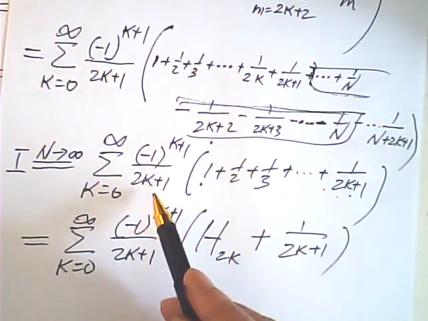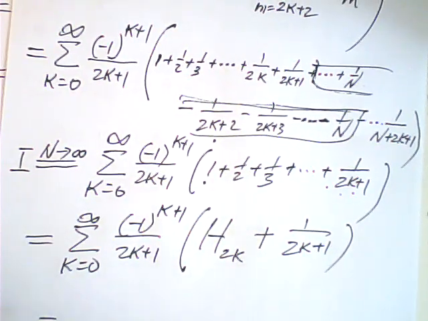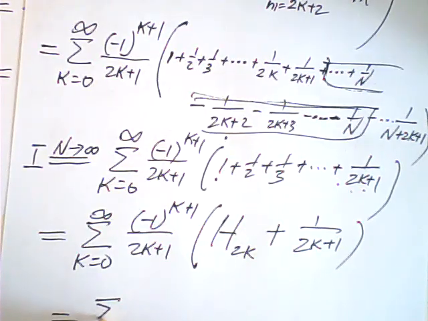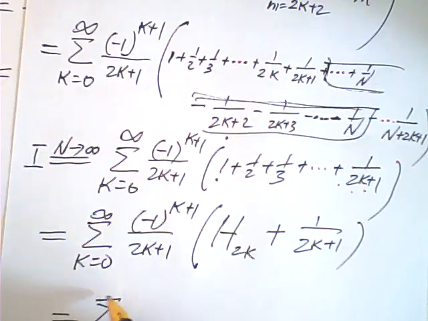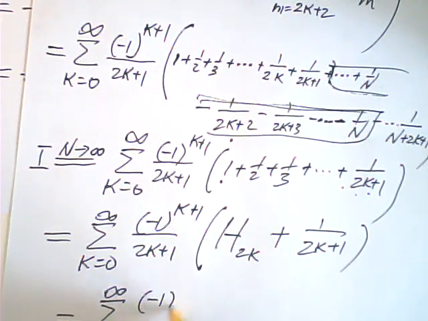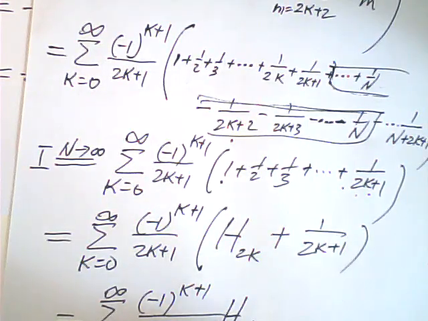And this one times this one here becomes two terms. One is negative 1 to the k plus 1 over 2k plus 1 times H_2k.